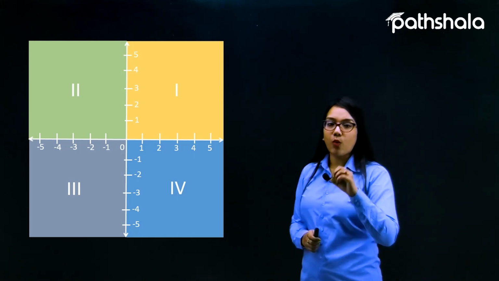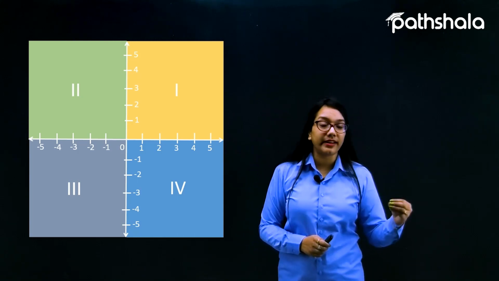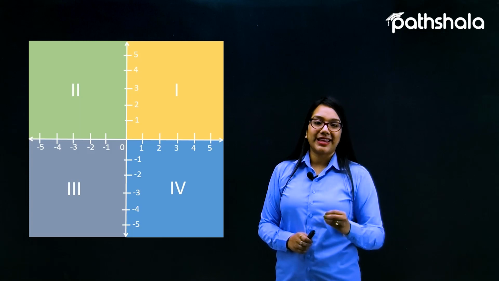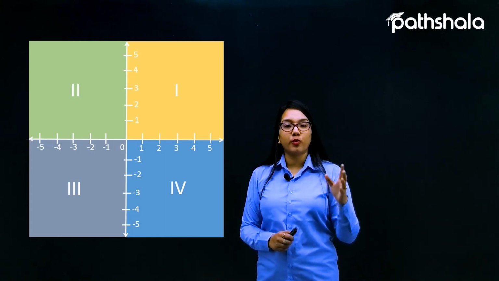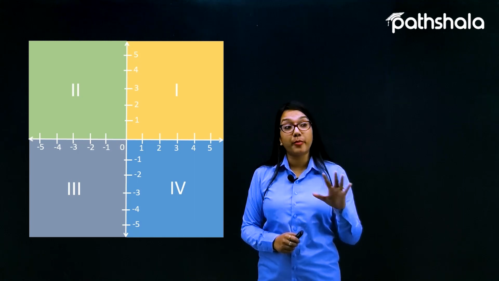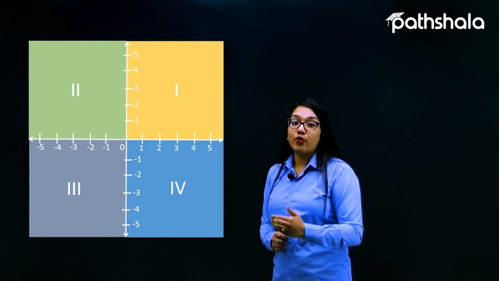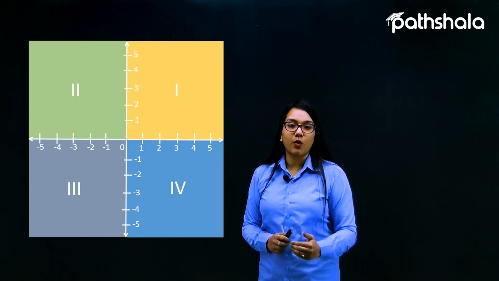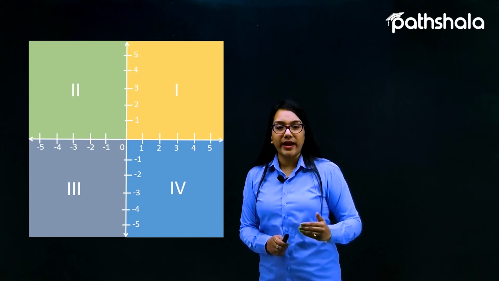So always remember, quadrant means the sections which will be generated when we draw two perpendicular lines, then they will divide a particular plane into 4 sections in this manner, and these 4 sections are called the quadrants, and we always have to take the quadrants in an anti-clockwise direction.